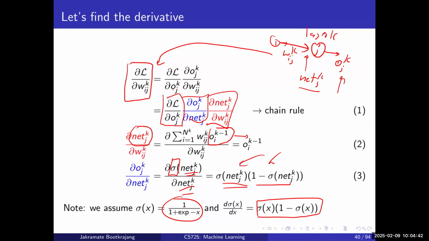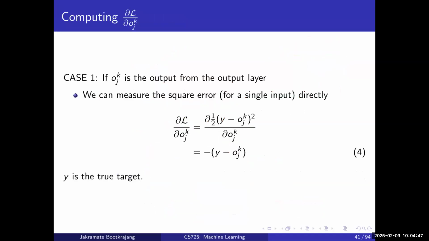What about the black one, right? The first one. So for the first one, there are two cases that we have to consider. The first case is, what if we are at the output layer, right? If you are at the output layer, you want to get your final answer. So if you use the square loss, you would have 1 over 2 times y minus the output of jk, squared, right?